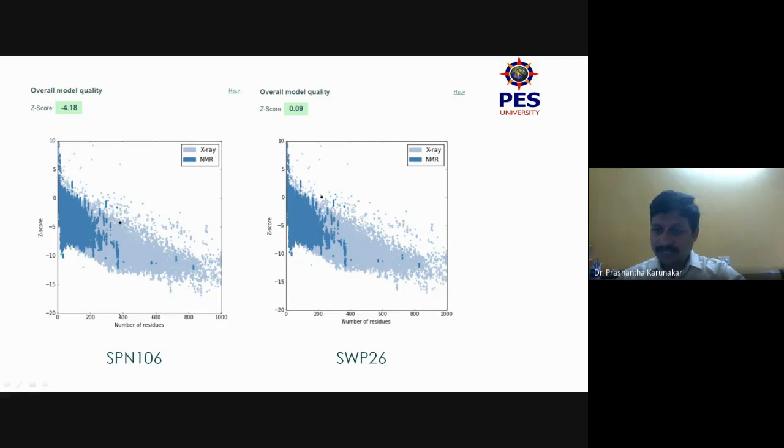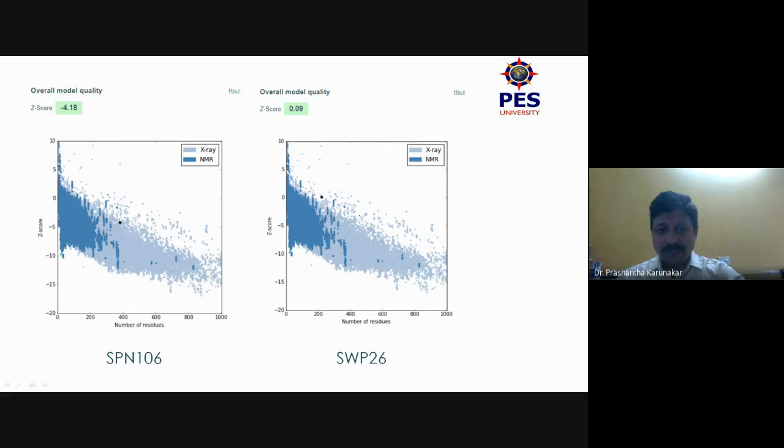So based on the length of the protein and the Z-score that is obtained, -4, that is here. This tells us where the structure of this SPN106 would fall if I determined it experimentally. So it is matching almost with an NMR structure. Okay, so the theoretical model is matching the experimentally determined NMR structure score.